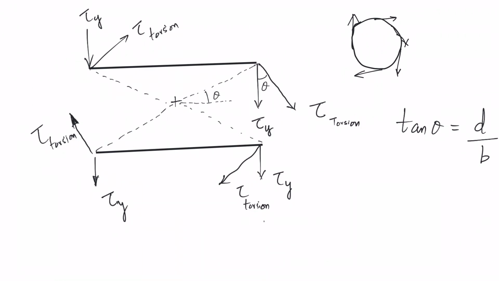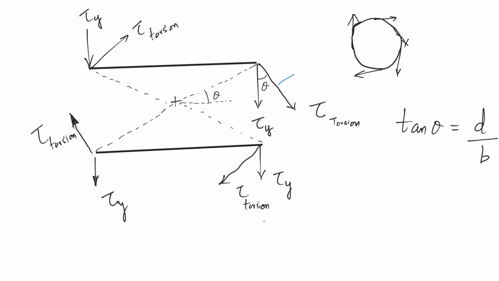Now, what will be the critical case? The critical case will be here, and here as well, because you have a component going in this direction, and the torsional component is aiding it. It will add to it. So you can say tau y plus tau torsion cos theta will be the resultant component acting in this direction. There will be a component tau torsion sin theta here. Let me use a different color there.